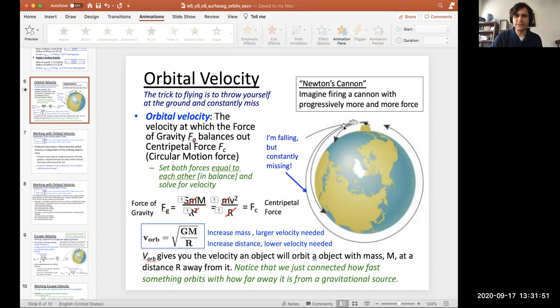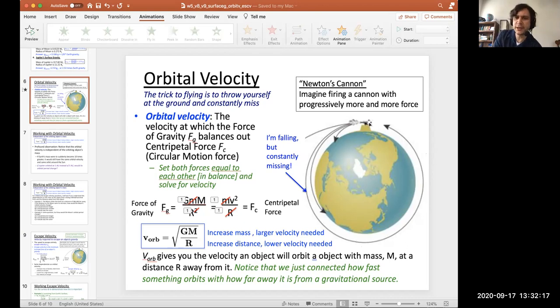So it's falling towards the Earth, but the Earth is curving so that it always remains the same distance away from the surface of the Earth. It would fall towards the Earth, keep missing, fall towards the Earth, keep missing as the Earth curves away, and it would come back around and you better duck or that cannonball is going to whack you in the back of the head, assuming no air resistance.